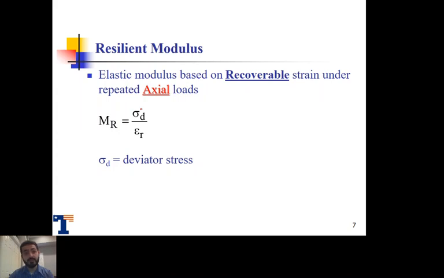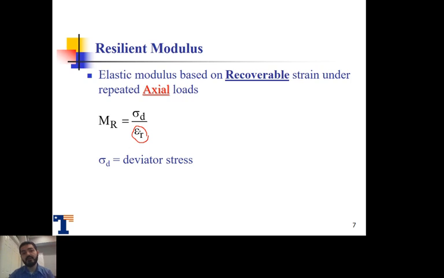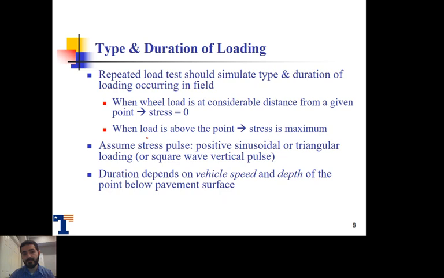This is the amount of stress that we apply over epsilon R, the amount of recoverable strain that we talked about here. So we're interested to know how much capability this material has to recover after a traffic loading. And that's why this ratio comes into place, which is sigma d over epsilon r.